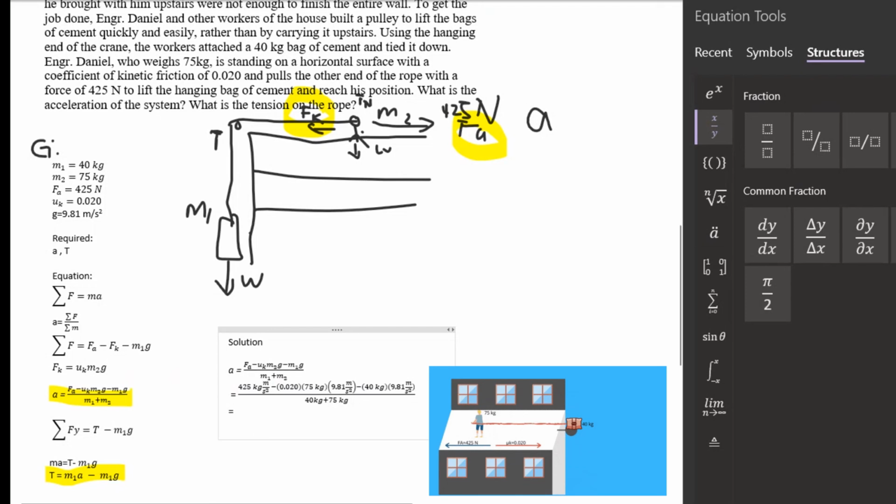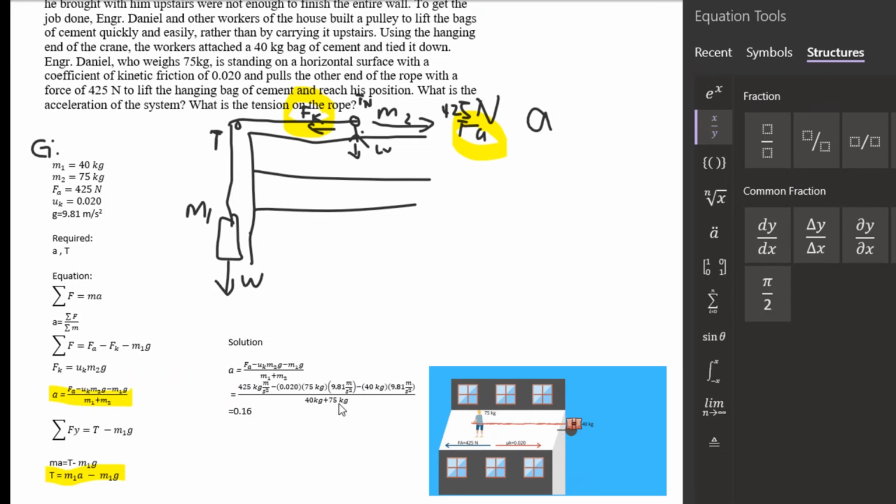So let's try to solve this one. If we put it in a calculator, we're going to have 0.155. Then if we round it up to the nearest two decimal places, we're going to have 0.16. And to know what unit we're going to use, let's try to cancel units.